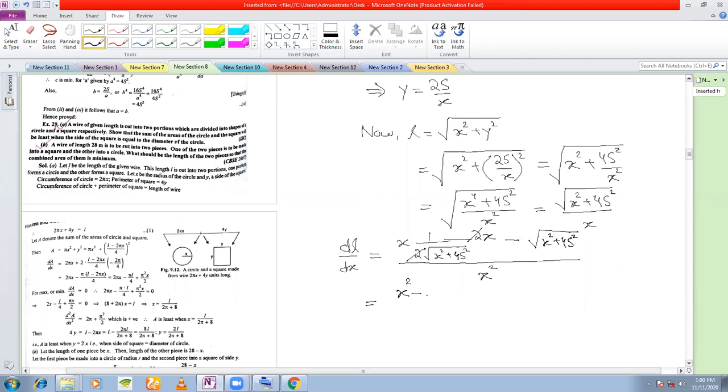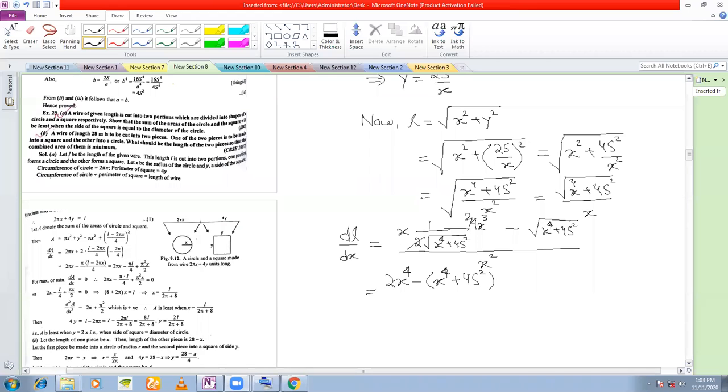X to the power of 4 minus x to the power of 4 plus 4s square in the numerator, right? Okay, so in the numerator you're getting 2x to the power of 4 minus x to the power of 4 plus 4s square, and in the denominator you're getting x square root x to the power of 4 plus 4s square.